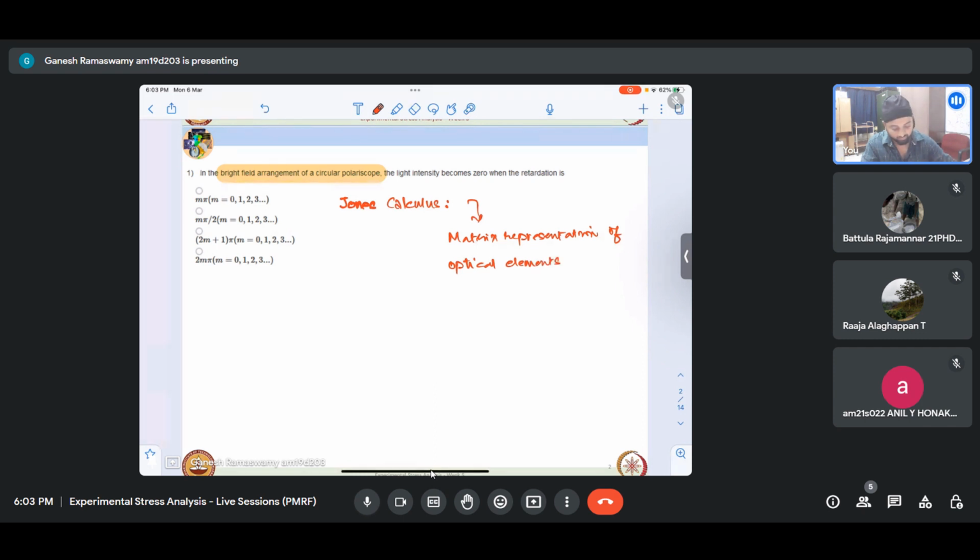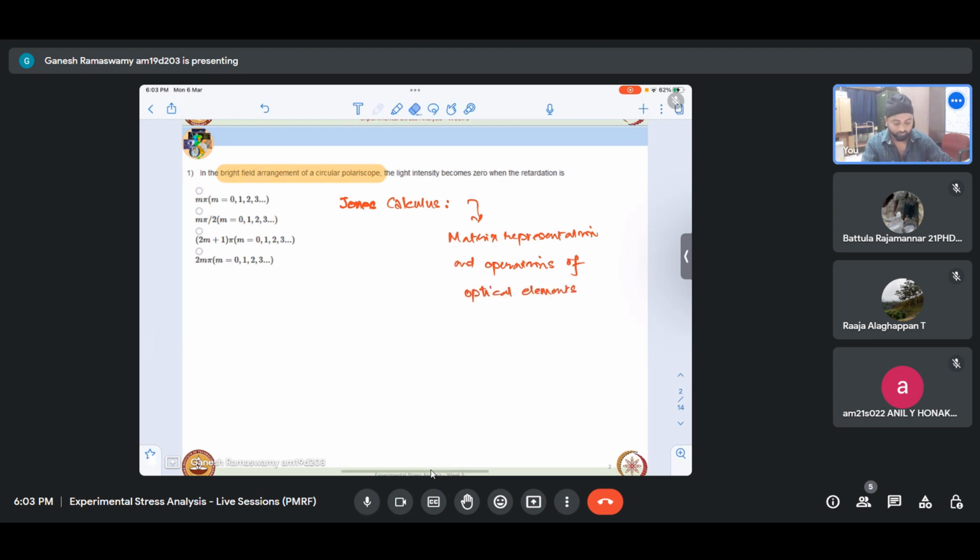I should say matrix representation and operation to be correct, representation and operation of optical elements.